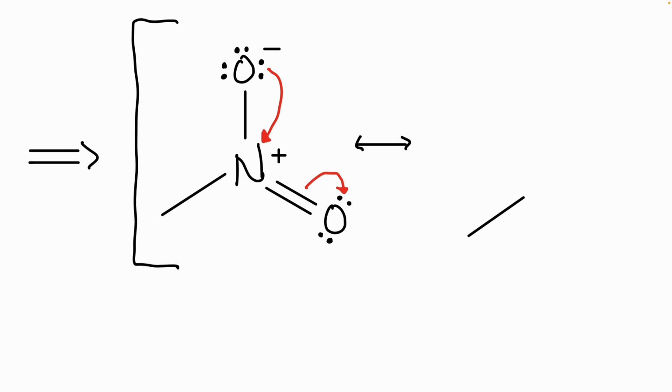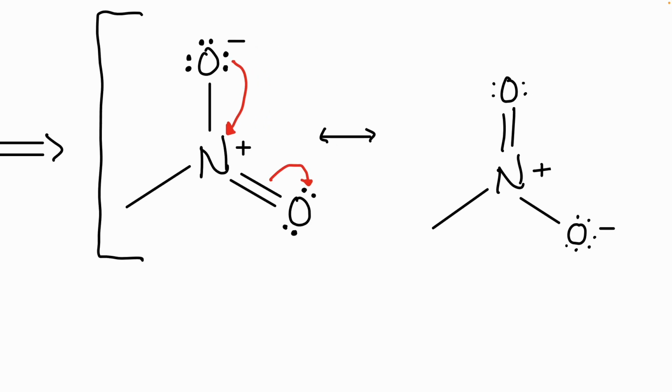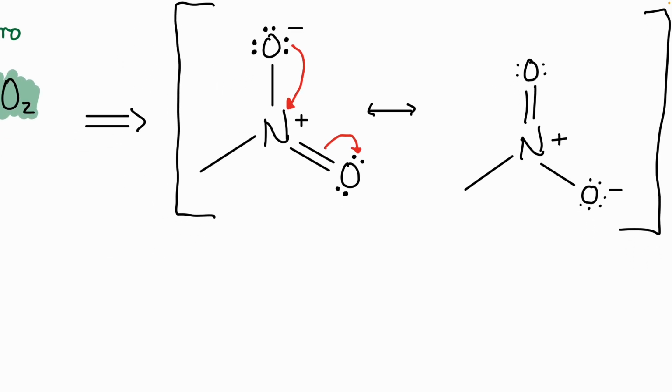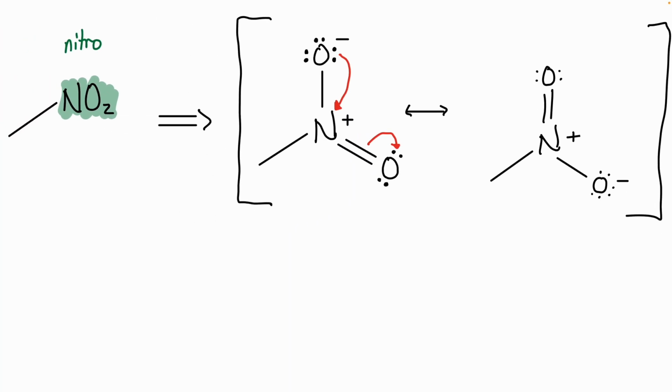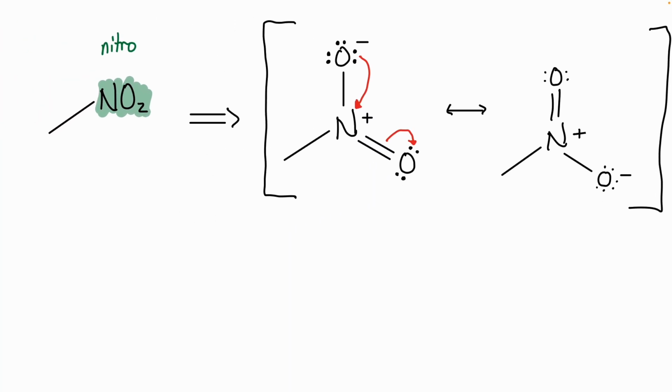If I was being good, I would represent my nitro group with both of these resonance structures here, showing that negative charge being stabilized through resonance. Cool.